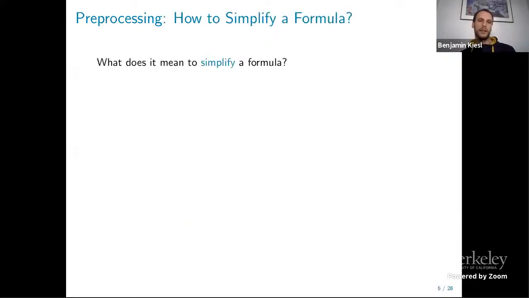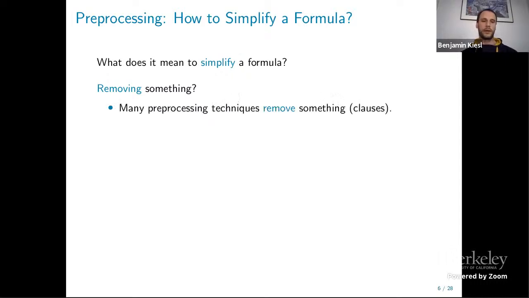Now the thing is, I said you want to simplify a formula. And the first question you might ask then is, what does it mean to simplify a formula? What makes a formula really simpler? And the answer is that generally there is no real answer. You could think about removing something from your formula, right? And the intuitive argument would be that you remove something that intuitively makes your formula smaller, so that could be simpler.